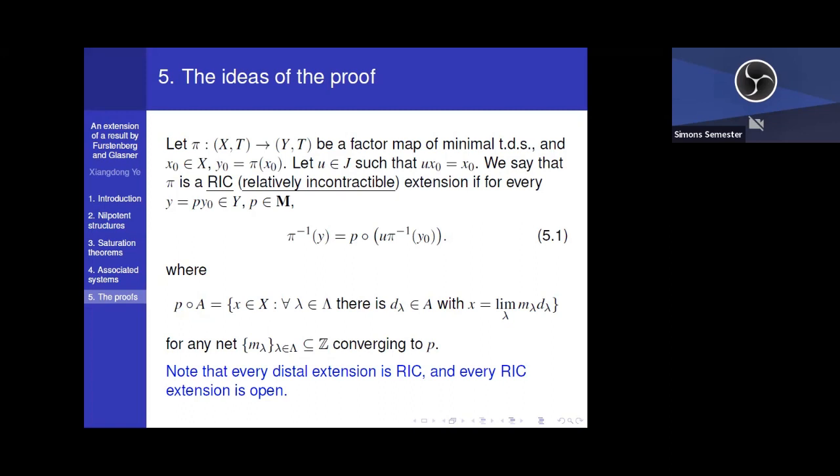It means you take this m lambda d lambda, you take the limit. And of course, since the space is compact Hausdorff, you can only speak about nets. Anyway, I don't want to bother you. You just need to know that every distal extension is RIC and every RIC extension is open.